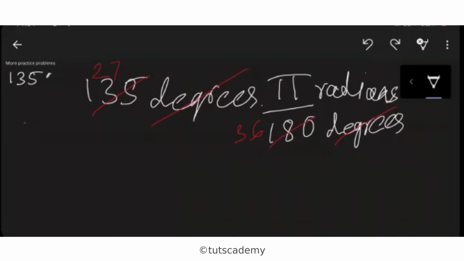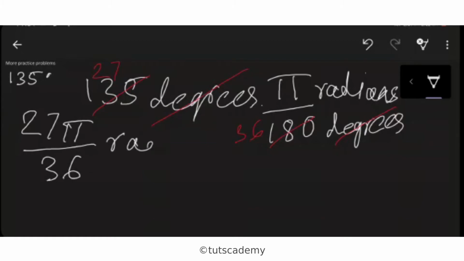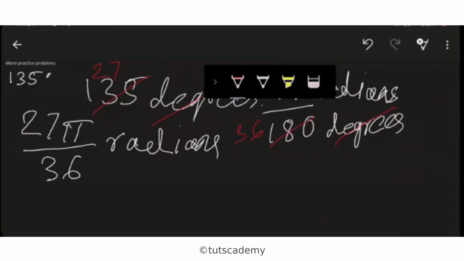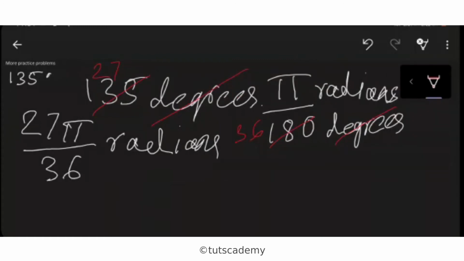We can now simplify it once again, by dividing by 3. 3 nines are 27, and 3 twelves are 36.